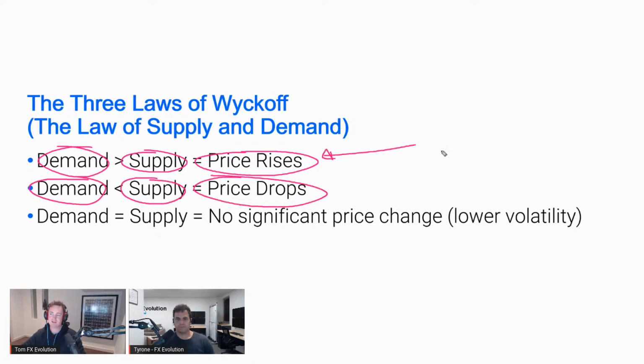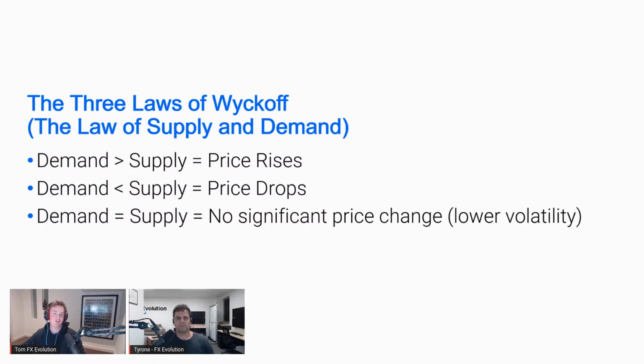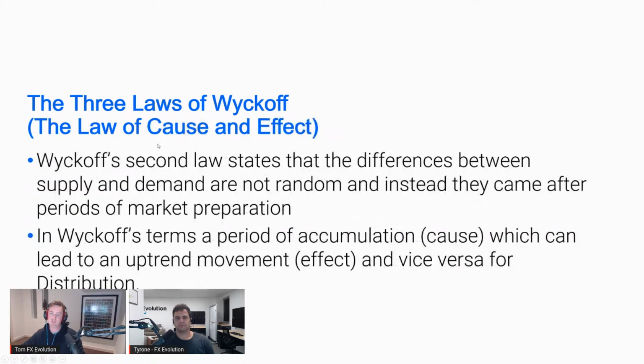Of course, very basic principles of investment. However, I'd be surprised. Well, I'm not even surprised. Some people actually trade and don't understand those two things. He also said if demand equals supply, there is no significant price change and there can be lower volatility. And we'll come back to this one a little bit later when we understand how that really applies to the market. So that's his first one.